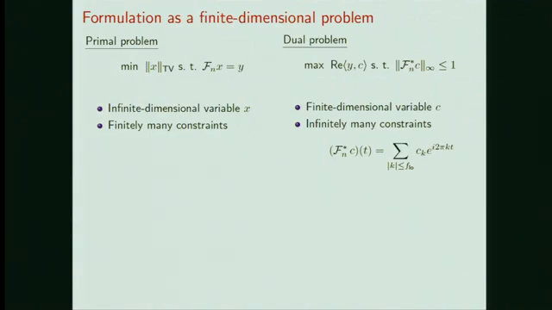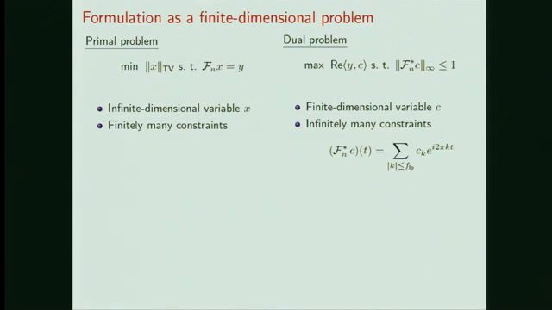Now, where is semi-definite programming in all of this? All right, so I want to minimize the total variation norm of a measure or signed measure subject to moment constraints. And that problem is impossible because I have an infinite dimensional variable x and finitely many constraints.